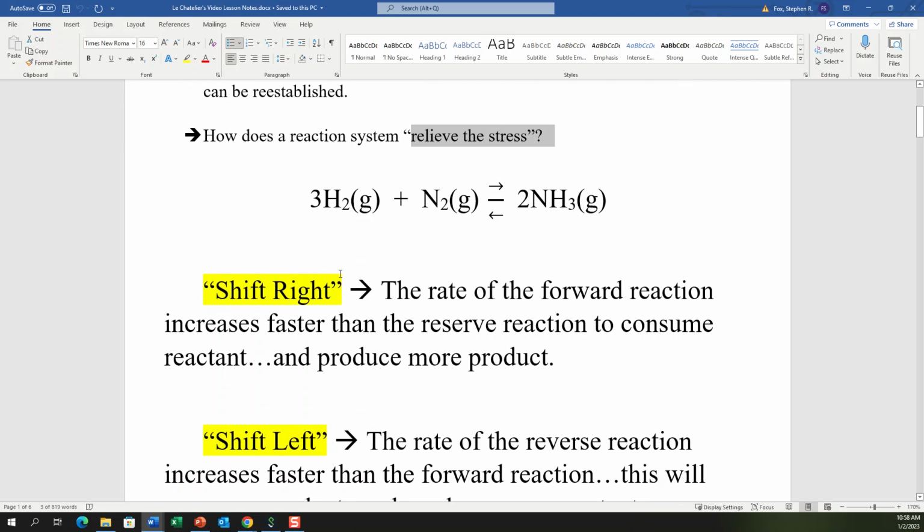A shift to the right means that the forward reaction rate is increasing faster than the reverse reaction. So to reestablish equilibrium, a shift right means you're consuming more of this and you're gaining more of that. It doesn't matter how many things you have on the reactant side and how many on the product side. If you're shifting right, you're losing reactant, you're gaining product.